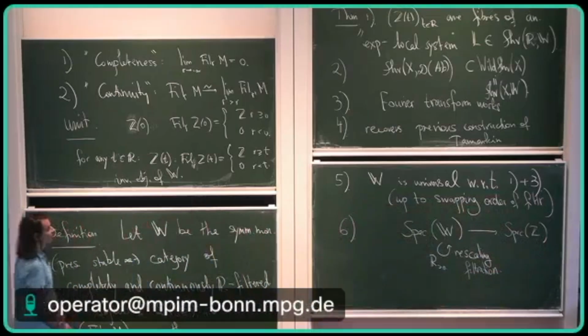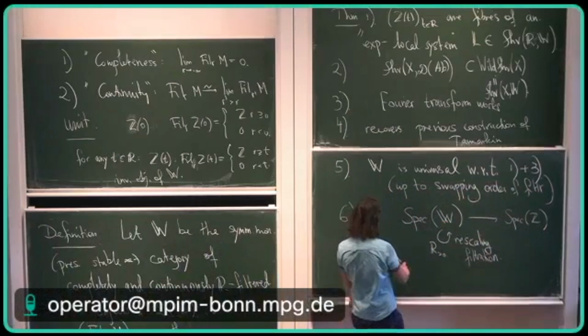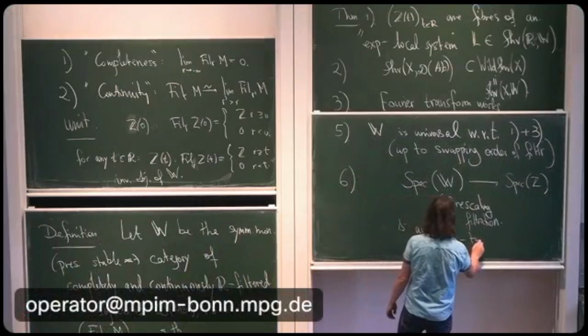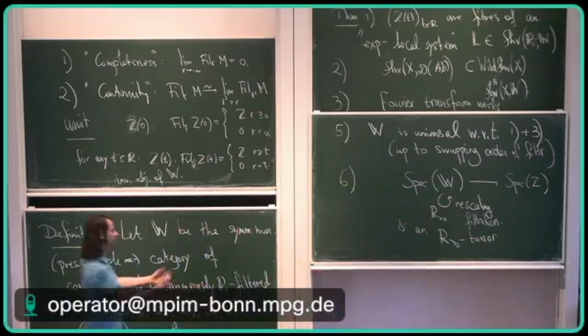And it turns out that in a suitable sense, this is a torsor for the positive real numbers over Spec Z. It follows quite easily from 5 if you read it carefully.